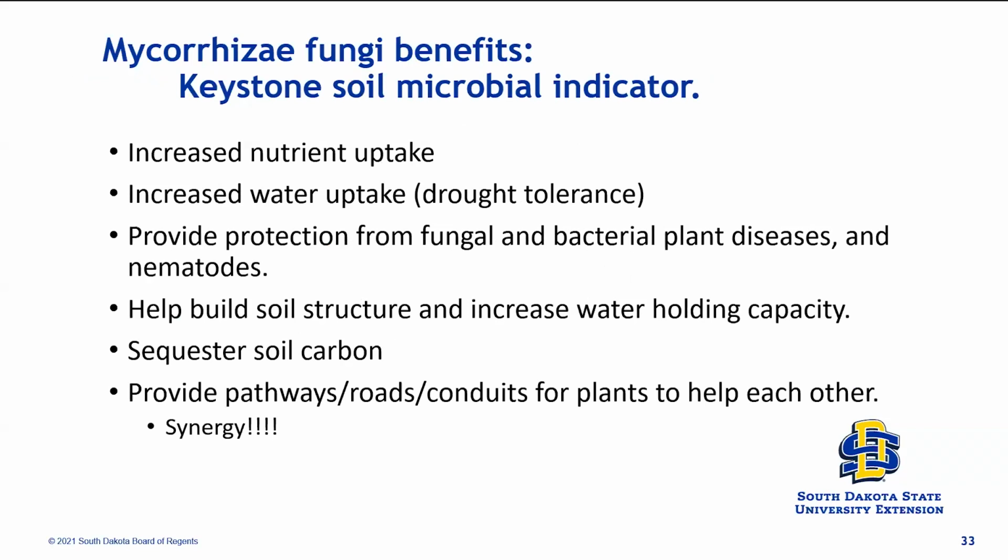So they're very important for increased nutrient uptake. I'll show a slide here, the next one, that kind of shows what I mean there. They help the plants resist drought. They can fight other fungal diseases or bacterial problems with plants and even nematodes.